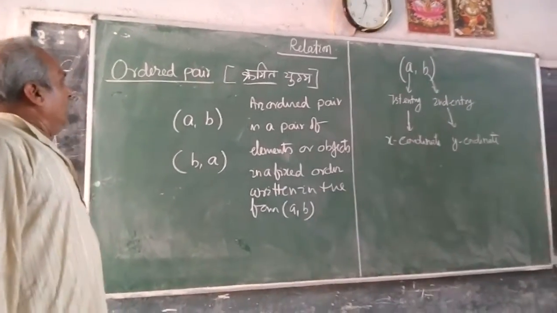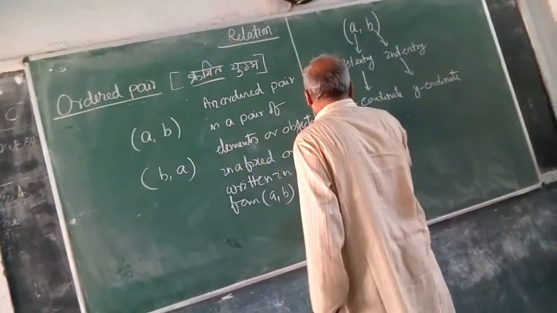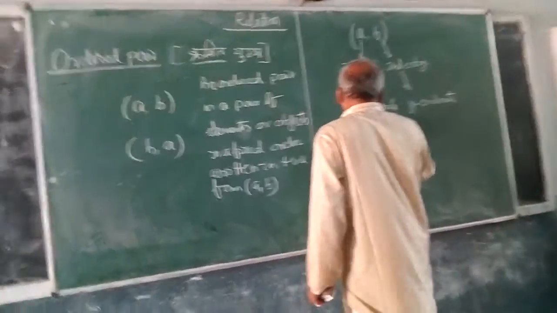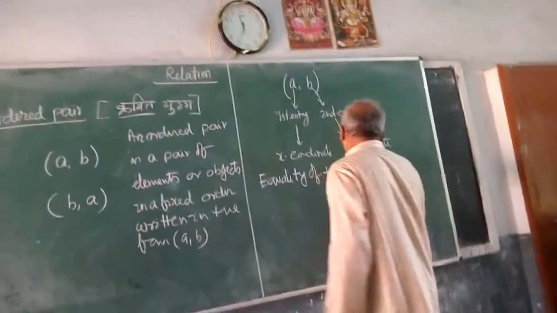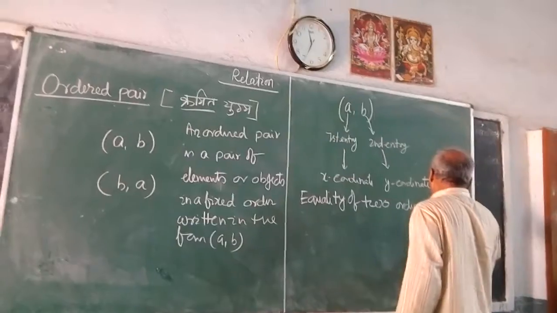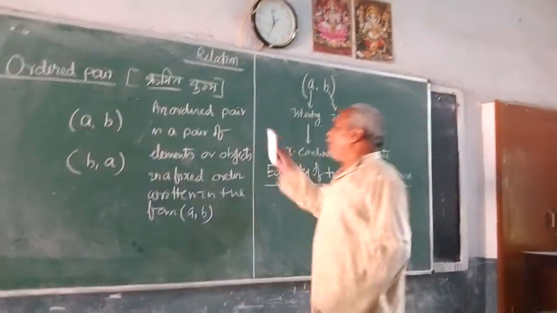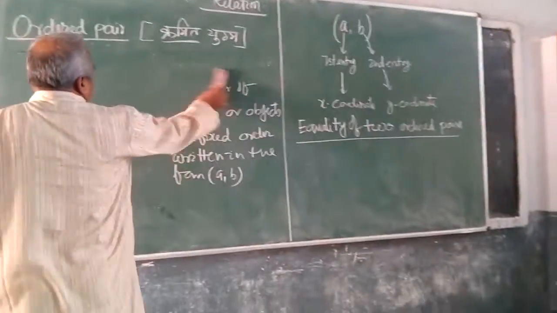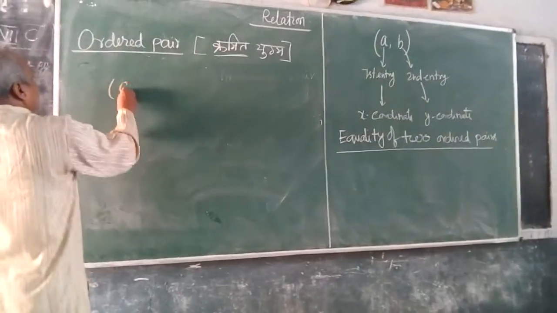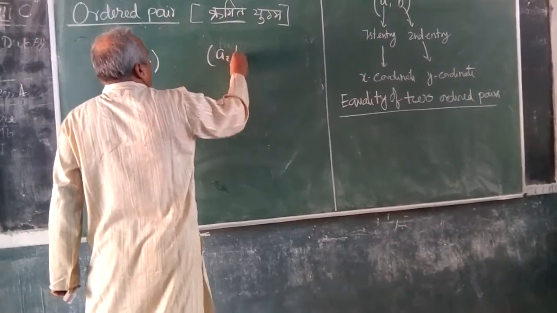Okay. Now, the second concept we will discuss is equality of two ordered pairs. Suppose I take two ordered pairs (A1, B1) and (A2, B2).